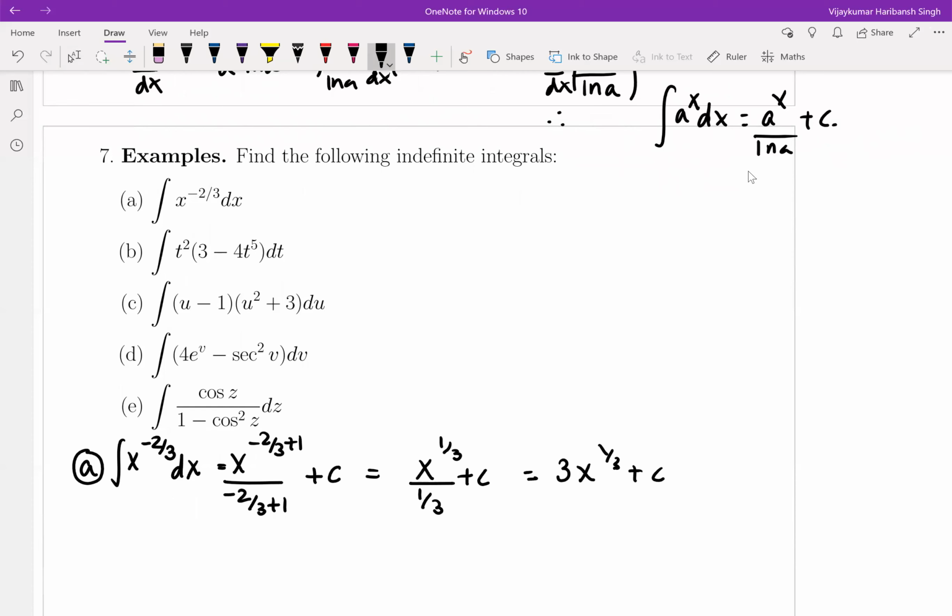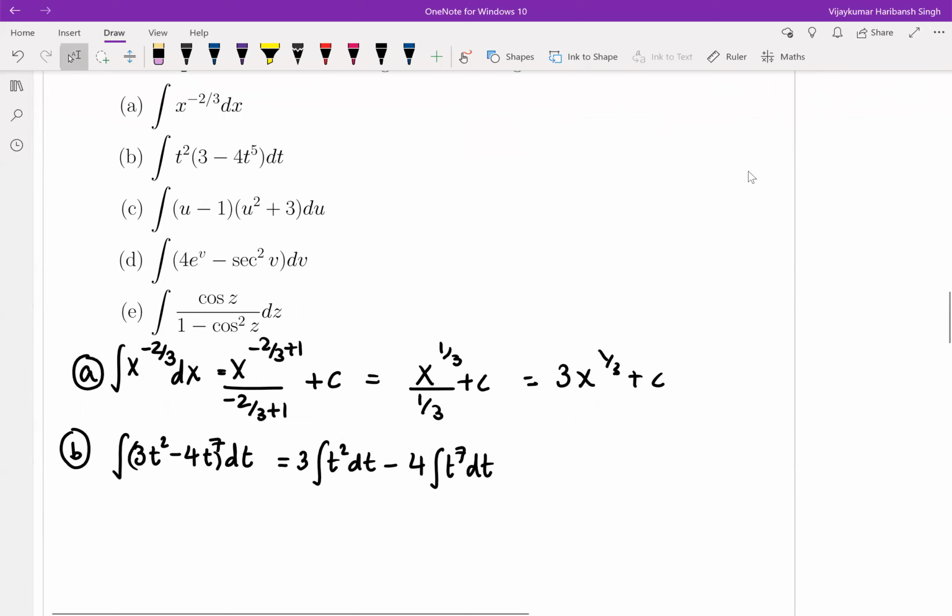Now let's look at b. In b, we can multiply it out. So we get 3t square minus 4t to the power 7 dt. Now using the sum rule, you can break the integrals and you can take the constants out. So we get integral of 3t squared dt minus 4 times integral of t to the power 7 dt.